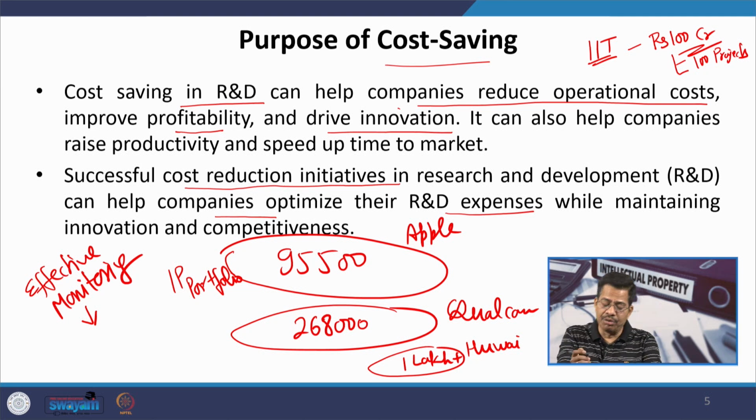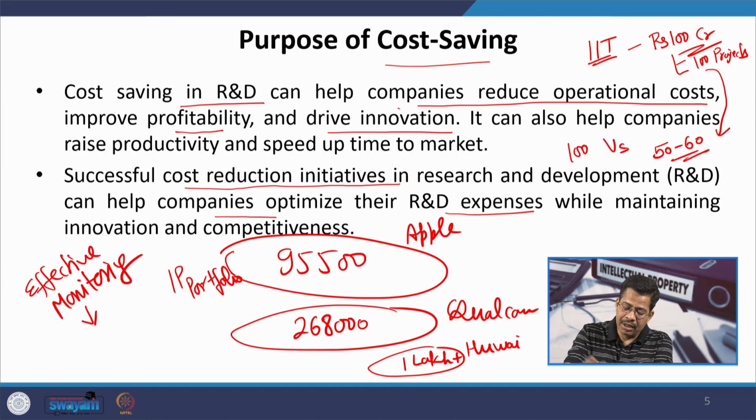Some of us may argue that the impact of 50-60 innovations versus 100 innovations cannot be compared. Why can it not be compared? Because when you are having fewer innovations, it is quite possible that some of these innovations may achieve higher scale, higher impact, and many innovations which you are doing may not be able to achieve that impact. But those exceptions cannot be the rules.